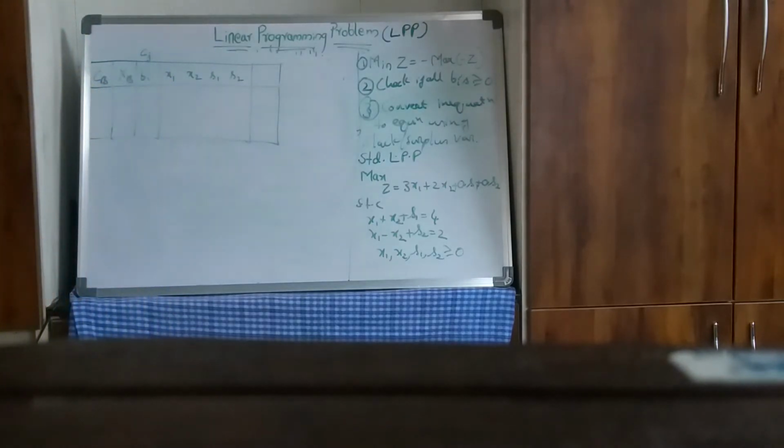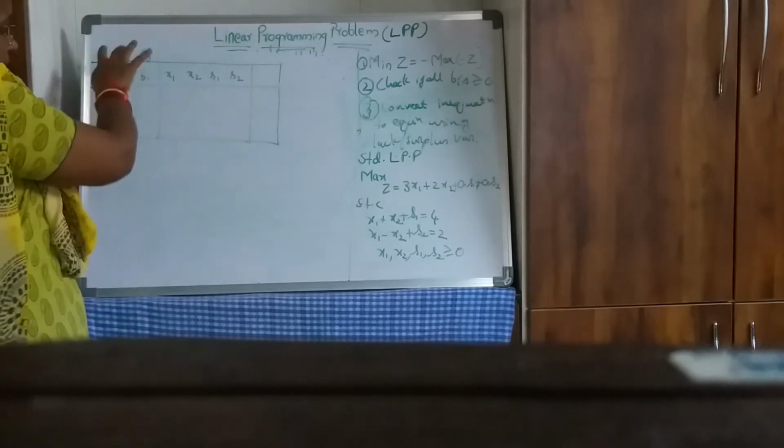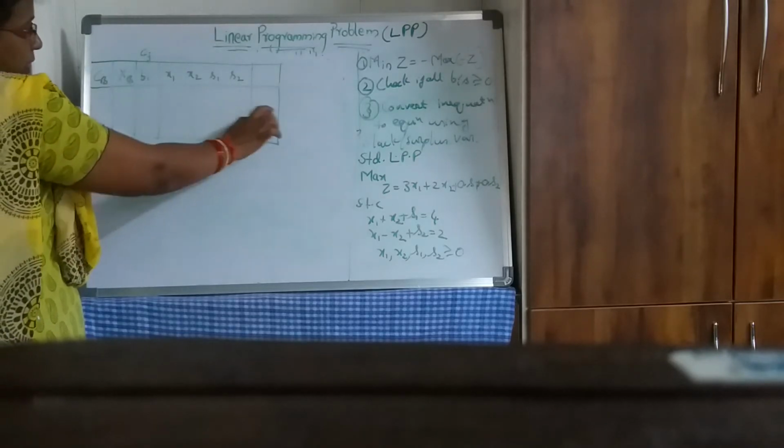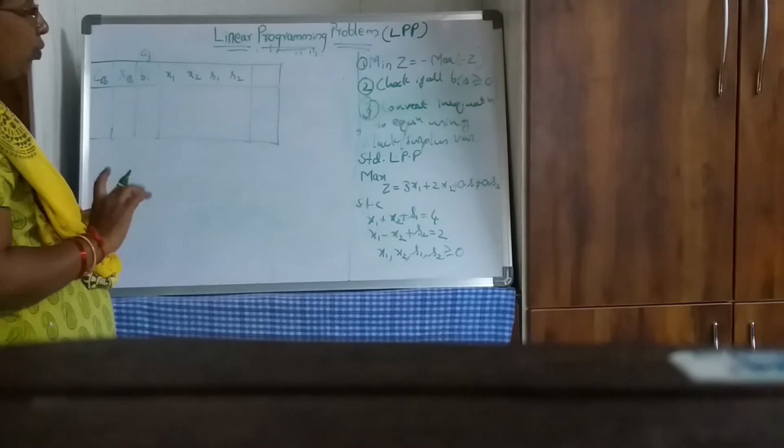These are the columns you will have in a simplex table. You should always mention these columns only, and you should not draw any rows in between. This is the standard structure of a simplex table which you have to follow.